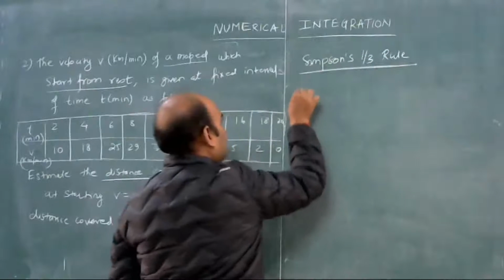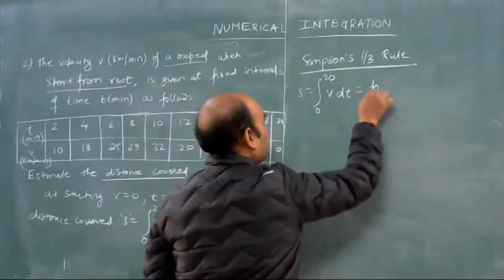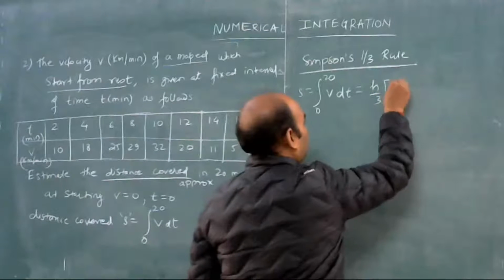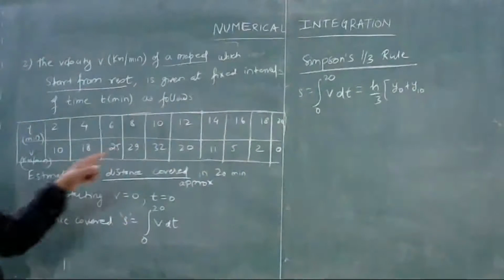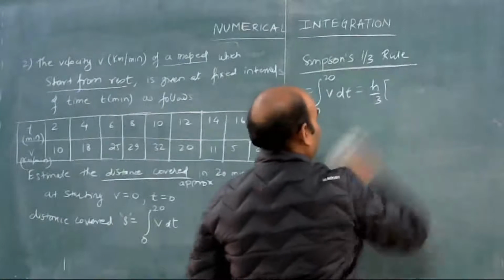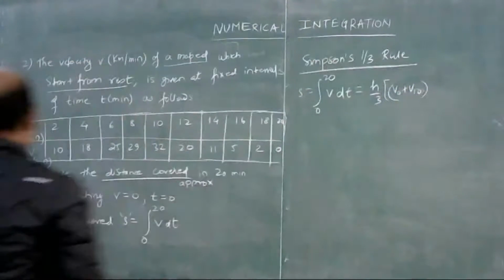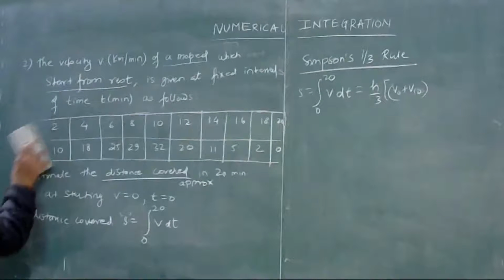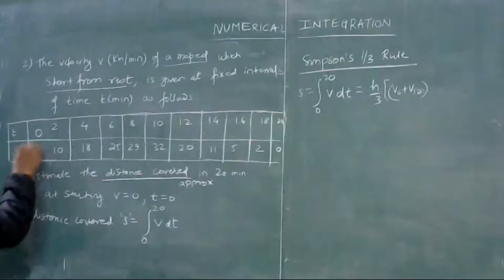Okay, so the integration s is equal to the integration from 0 to 20, h upon 3 times the first value v0 plus v10. Here no need to write y, since v is given. The initial value is also given, so v0 and v10 are 0 and 0.